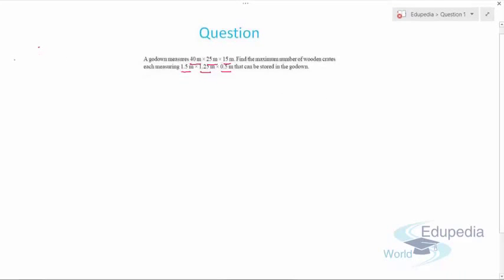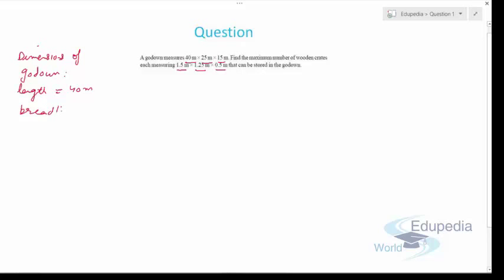First of all, we need to write the dimensions. Dimensions of godown: the length is 40 meters, breadth is 25 meters, and height is 15 meters.